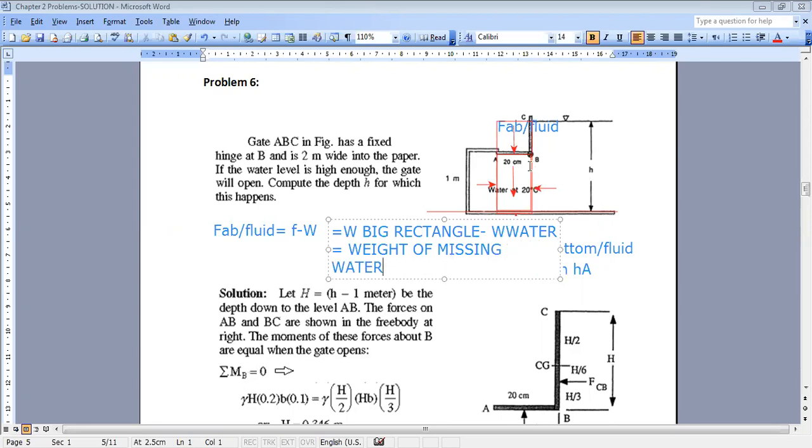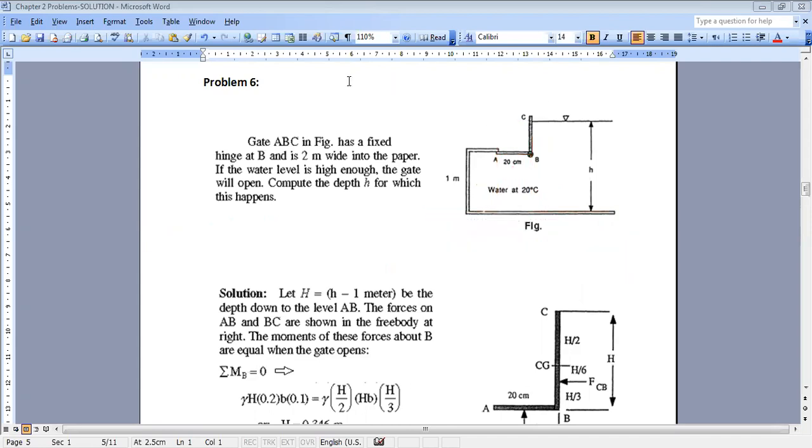If I have a surface and I want to find the effect of the fluid which is below the surface on it, all I have to do is find the missing part. So here, the water level is reaching this level, so we have a missing part of water.